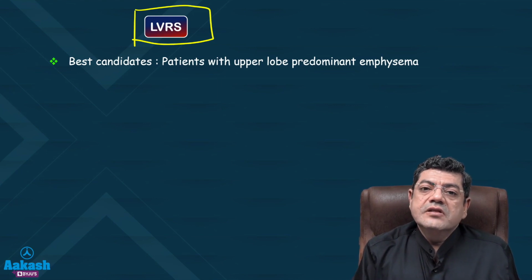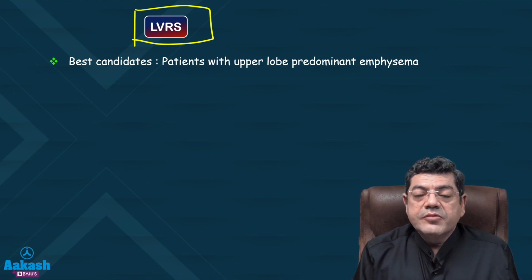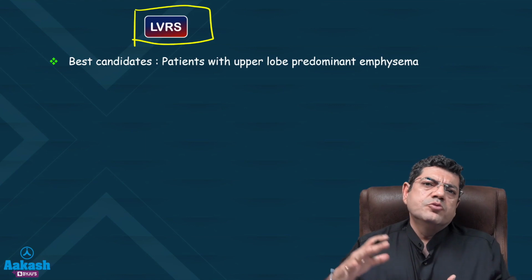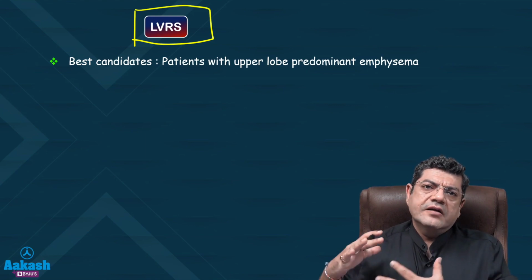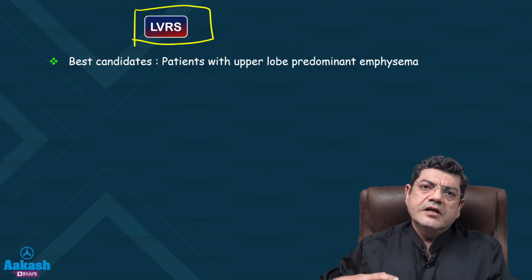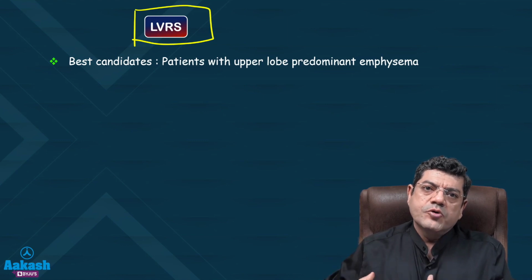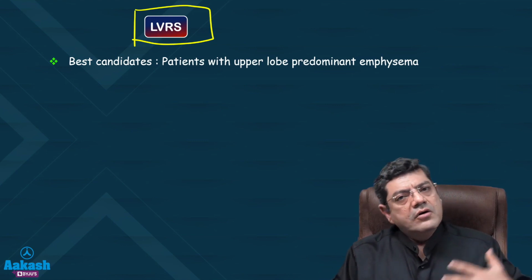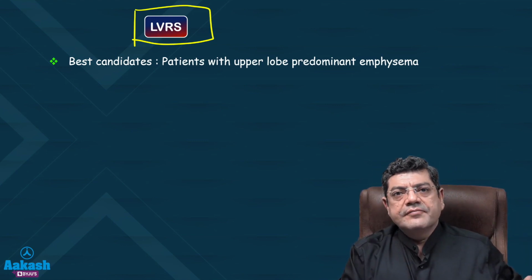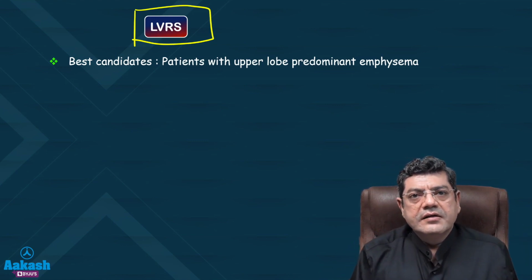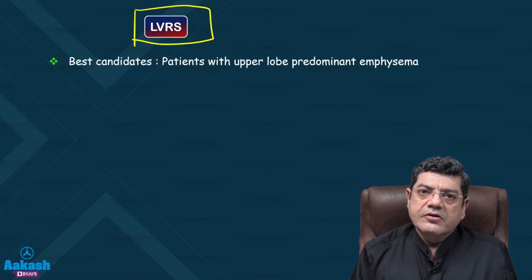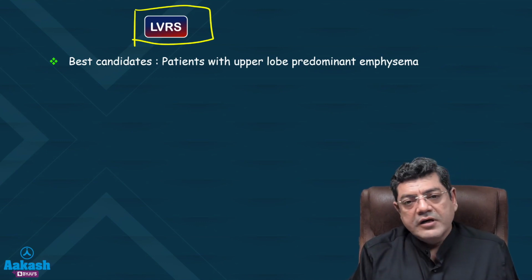So in patients with predominantly upper lobe emphysema, there is a large bulla affecting the right upper lobe, and that bulla is under so much tension that it is compromising the function of the right middle and lower lobes as well. Or the same thing on the left side. Then you do a resection of that particular lobe, or that bulla.